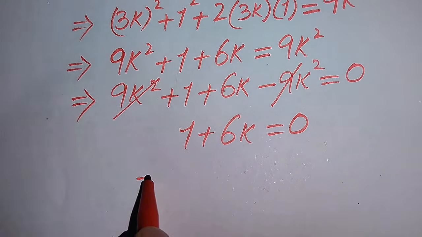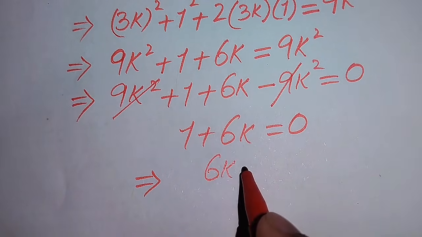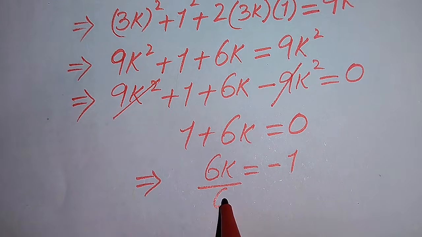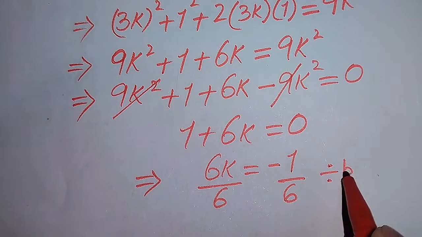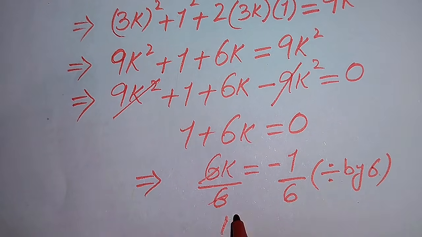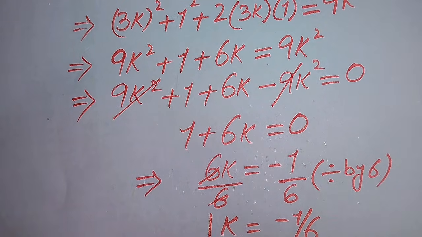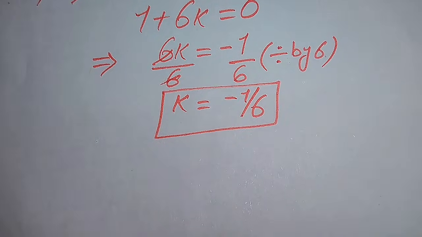Now from here we get the value of k. We move plus 1 to the right hand side, and it becomes 6k equals to minus 1, and we divide both sides by 6. After dividing by 6 we get the value of k is equal to minus 1 over 6. This is the value of k which we get here in the first method.